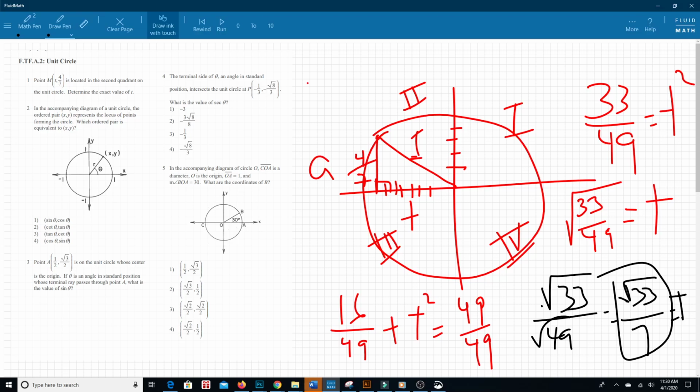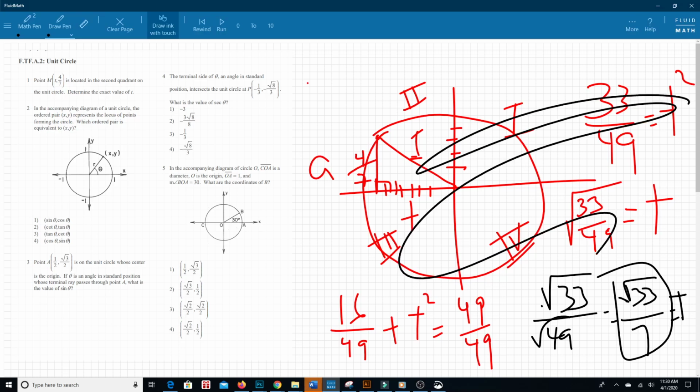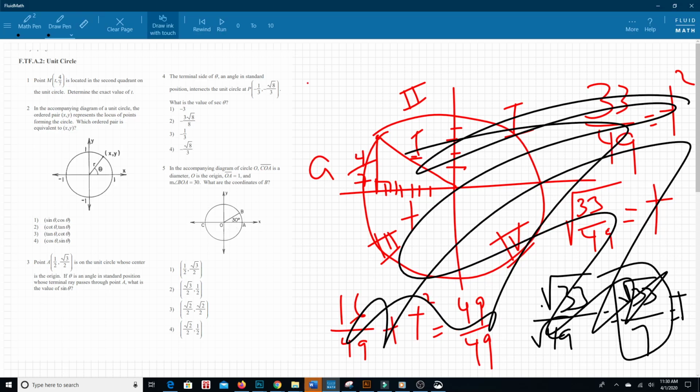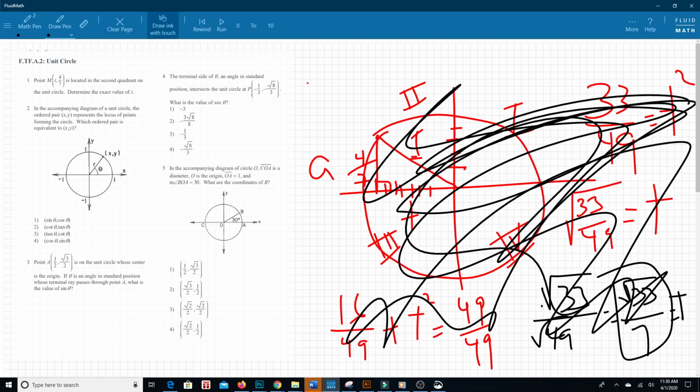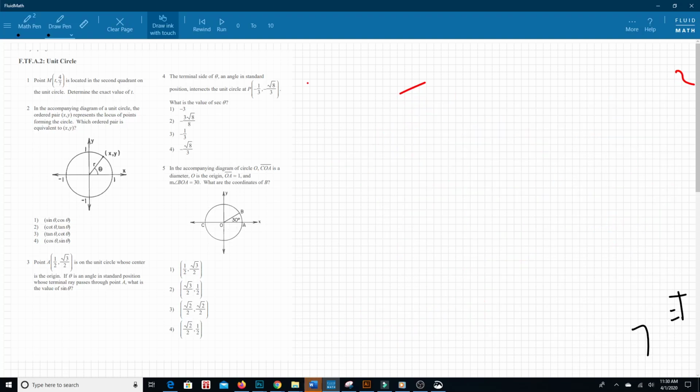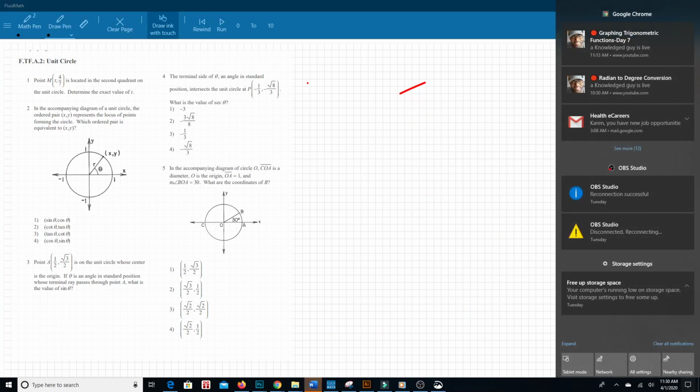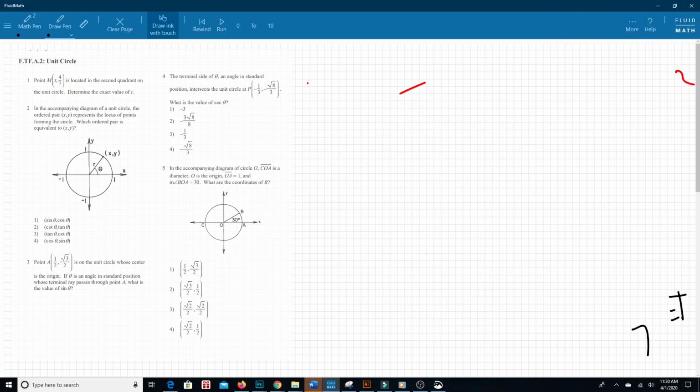Right, so I want to draw up that unit circle. Oh man, I wish there was a way I could. It's a unit circle image. Let's go back to this real fast.